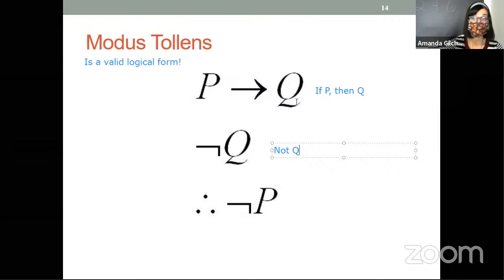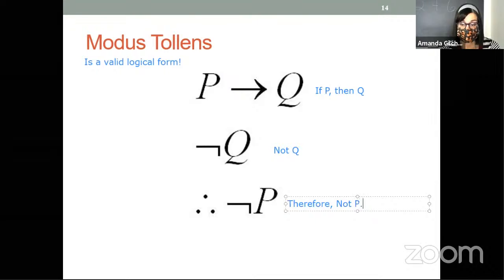If P, then Q. Not Q, therefore not P. So that little weird triangle with the dots is a therefore, not P. So this is another valid argument.